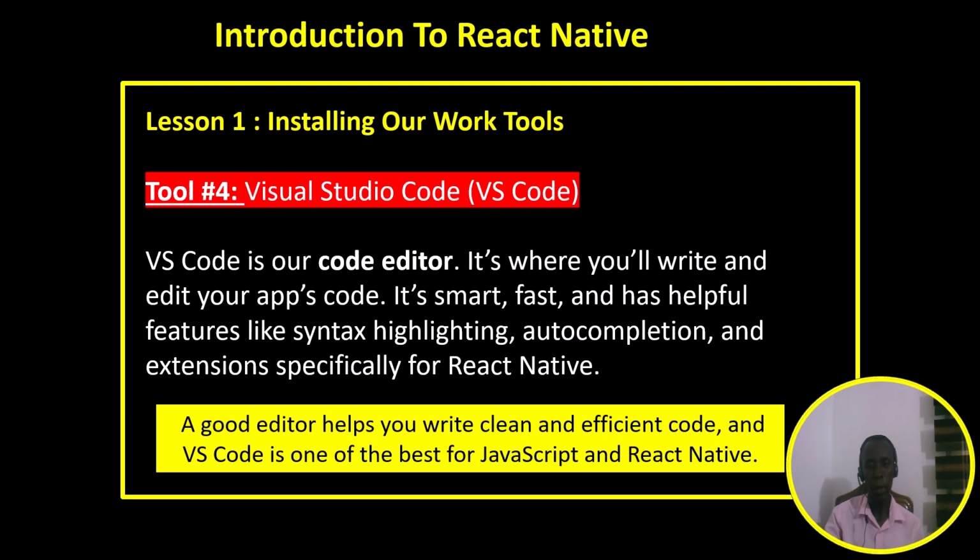If you make an error, it can highlight the error for you. It can make suggestions for you. It makes your coding work fast and easy, especially the autocomplete feature, and it also has a lot of extensions that are specific for React Native.